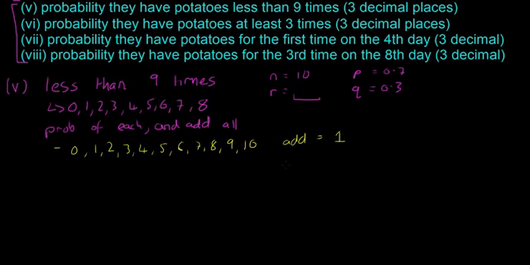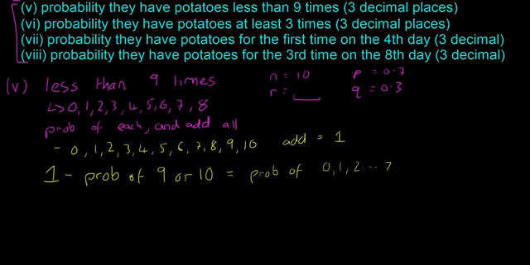So because all of these have to add up to 1, that means if we say 1 minus the prob of 9 and, no, not 9 and 10, 9 or 10, it'll be equal to the prob of 0, 1, 2, ... 7, 8, or the probability of less than 9. Okay, and so this is one specific case.